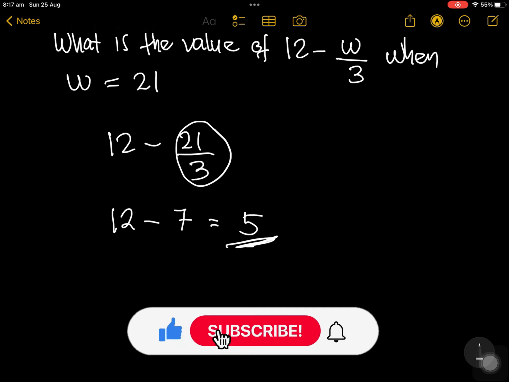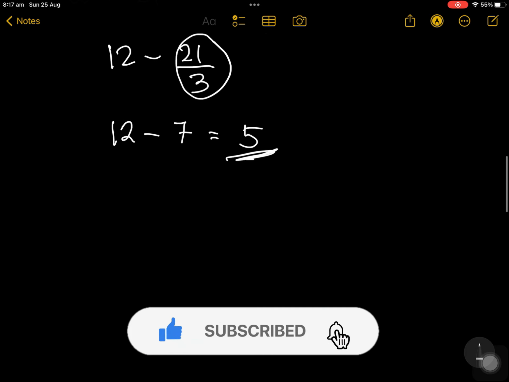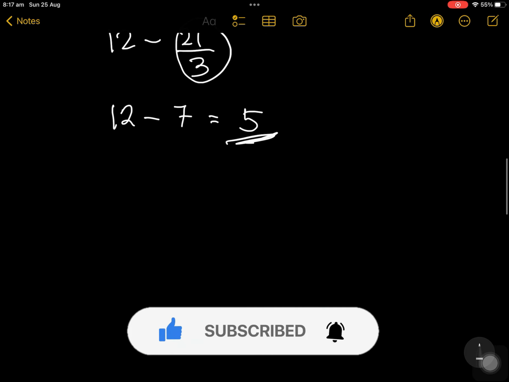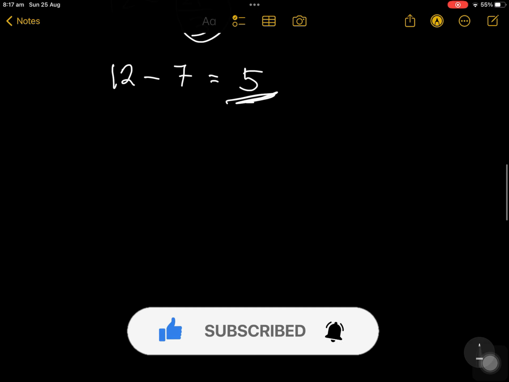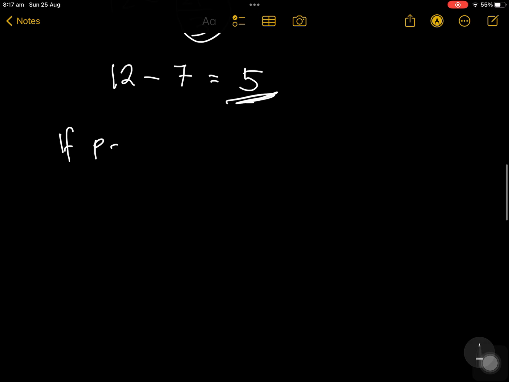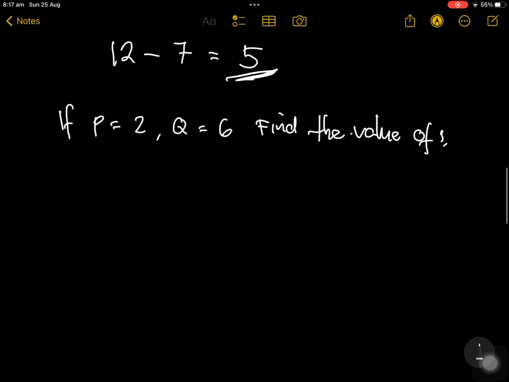Let's have some more examples. So if p is equal to 2 and q is equal to 6, find the value of, let's say, 3 plus 2p.